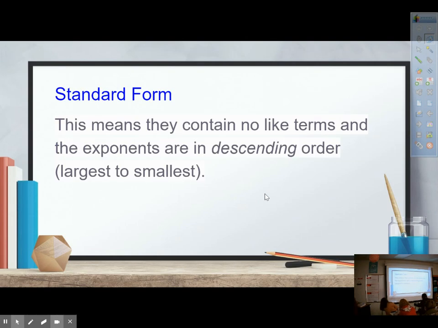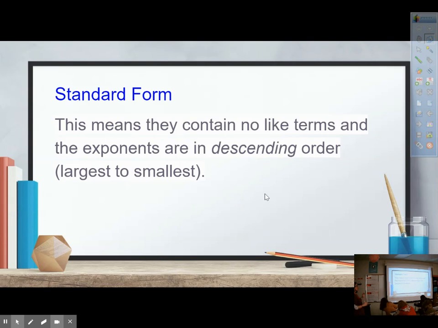Standard form. Notice you're going to need to fill in the definition for standard form. This means they contain no like terms, so you've combined all the like terms. Like if you had 6x squared plus 4x squared, you would combine those into 10x squared. And the exponents are in descending order.